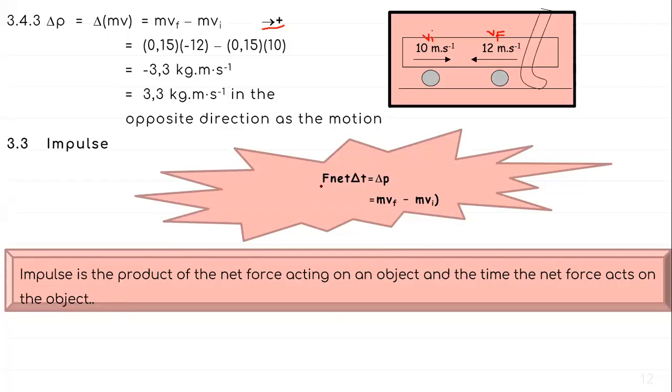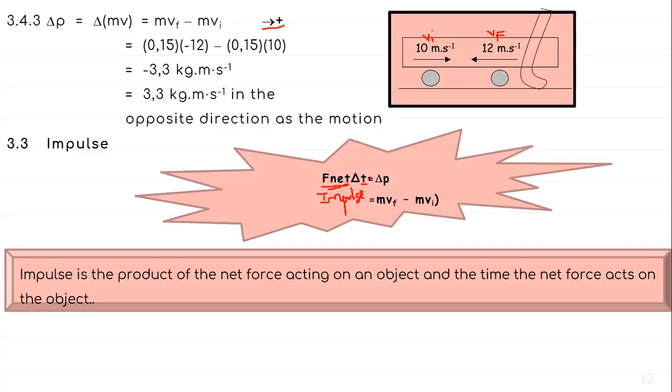In other words, when you are looking at this, you are actually looking at impulse. So this entire product represents impulse.